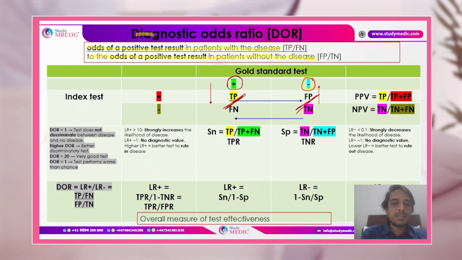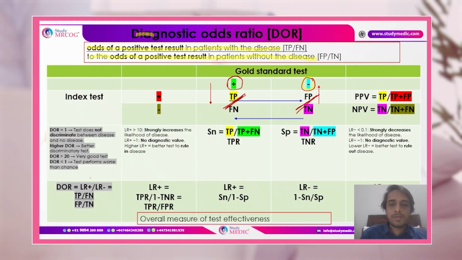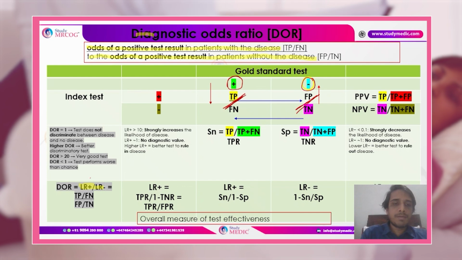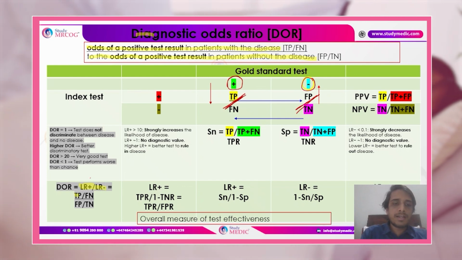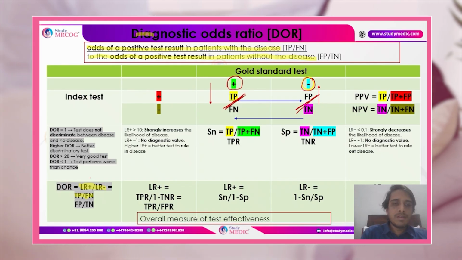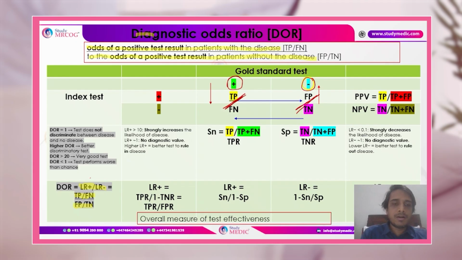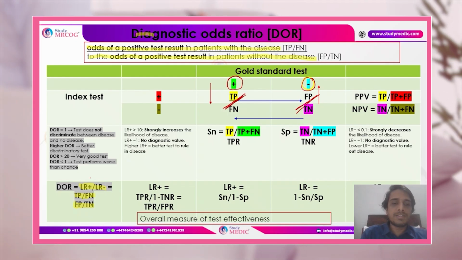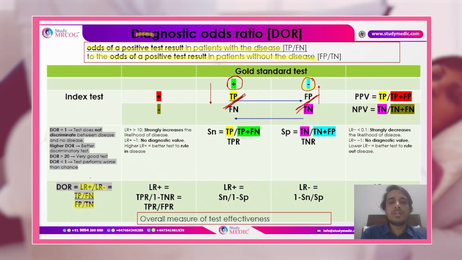It is nothing but the likelihood ratio positive divided by the likelihood ratio negative, or it can be calculated as the odds of having a positive test in those with the disease, true positive by false negative, divided by the odds of having a positive test in those not having the disease, false positive by true negative. This is the diagnostic odds ratio.